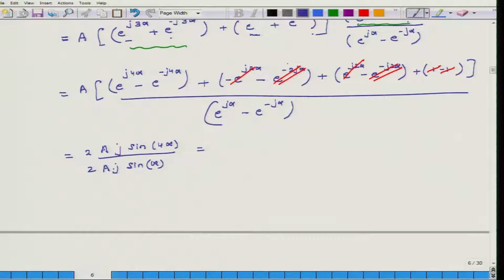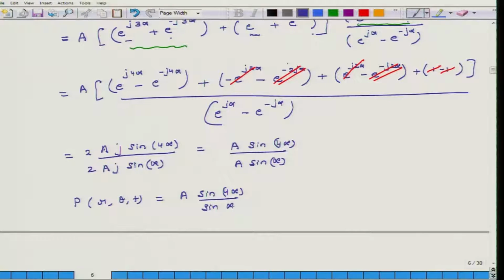So, 2j cancel out, and I am left with a sin 4 alpha divided by sin alpha. So, if there are 4 sources, then pressure at a point P is equal to a sin 4 alpha divided by sin alpha.